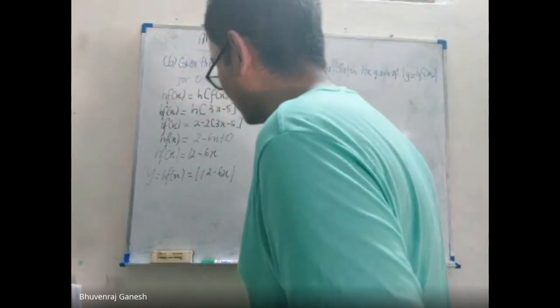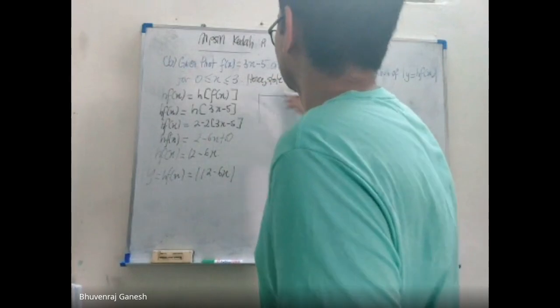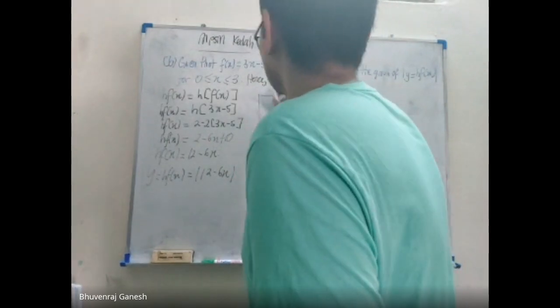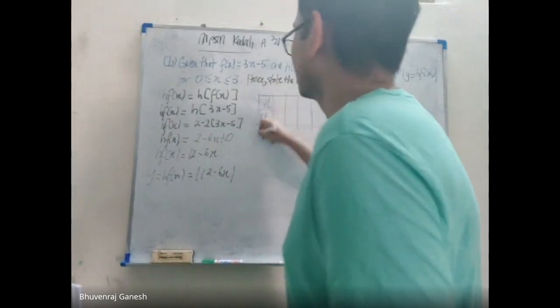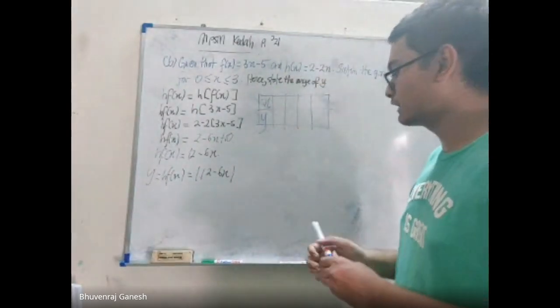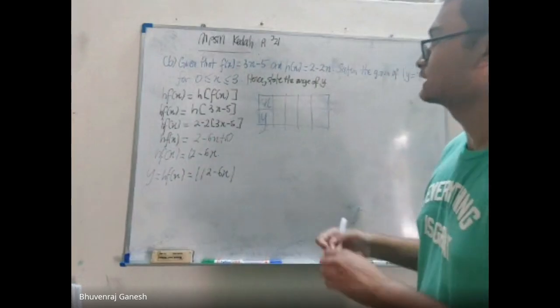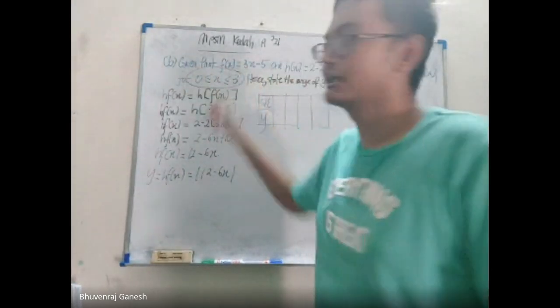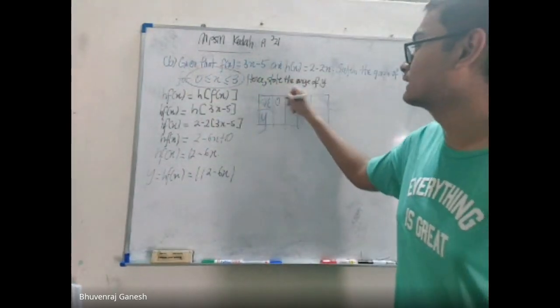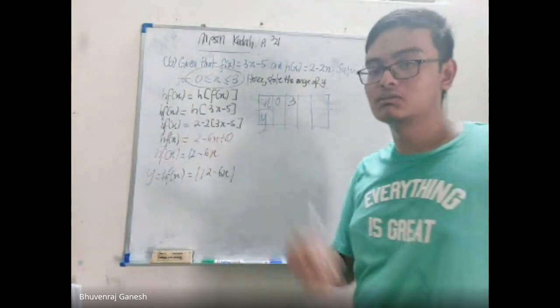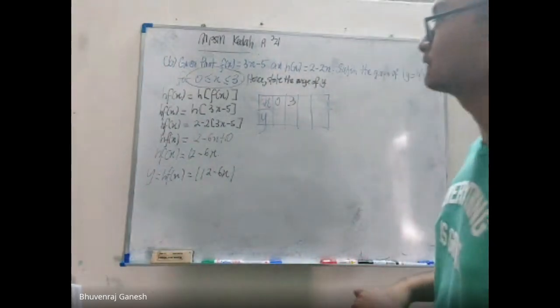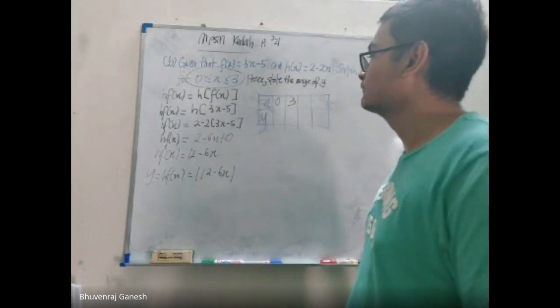From here, we are going to do a table of values that can aid us to draw the graph. What values am I going to put randomly for the x coordinate to find the y coordinate? That's why they gave you this range as a guidance. So you can put 0 and 3 because that's how far it stretches. 1 and 2 doesn't matter because the graph will eventually connect these two points and pass through the 1 and 2 coordinates.